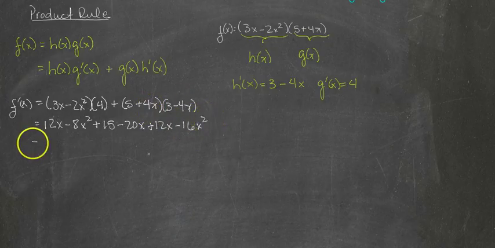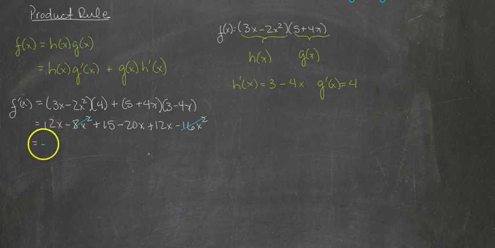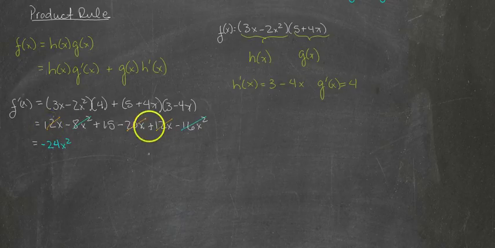So combine like terms: negative 8x squared minus 16x squared is negative 24x squared, and then 12x, take away 20x is negative 8x, plus 12x, so I just end up with 12x, and 12x is 24x, take away 20 is 4x.